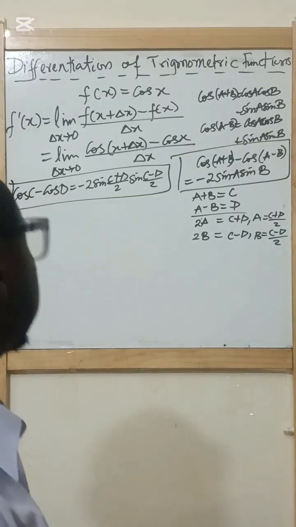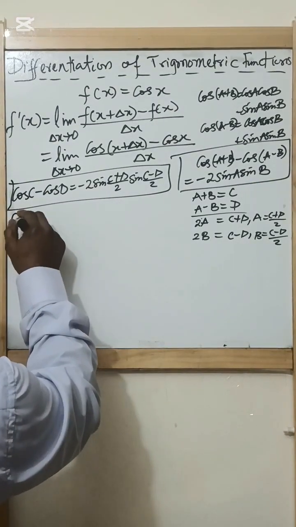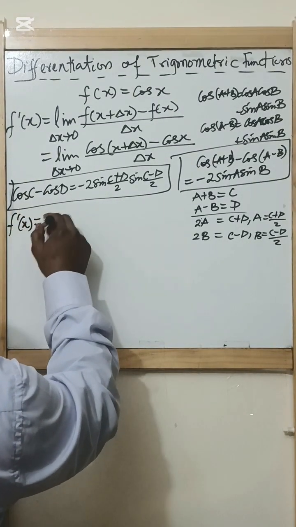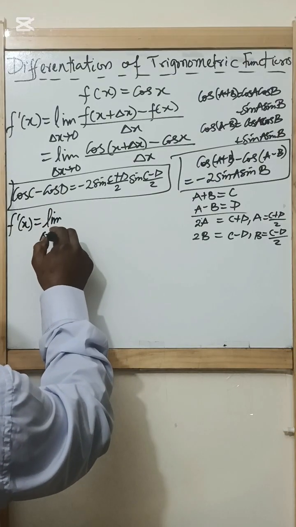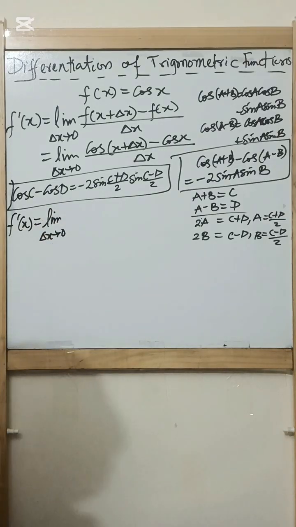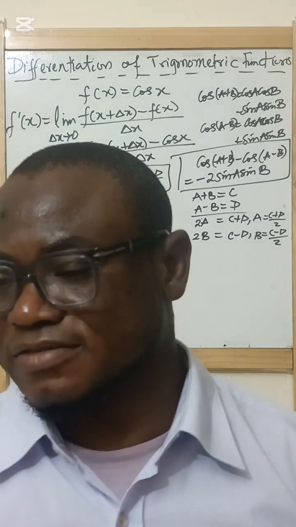Okay. So now our f prime of x is going to be the limit as delta x tends to 0.